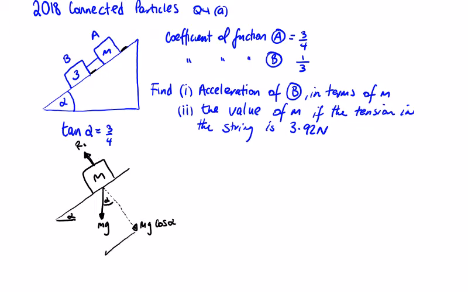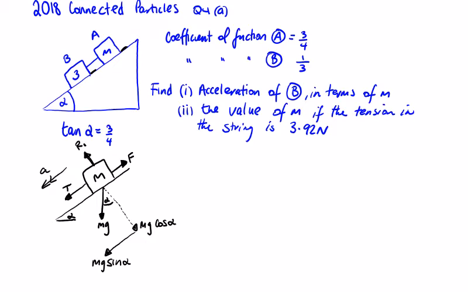And going down this way, we have mg sine alpha. Going back this way, we have friction restricting the movement down, and it's going down the hill, so my acceleration is in this direction, a. I also have this string here, so there's a tension in this string.